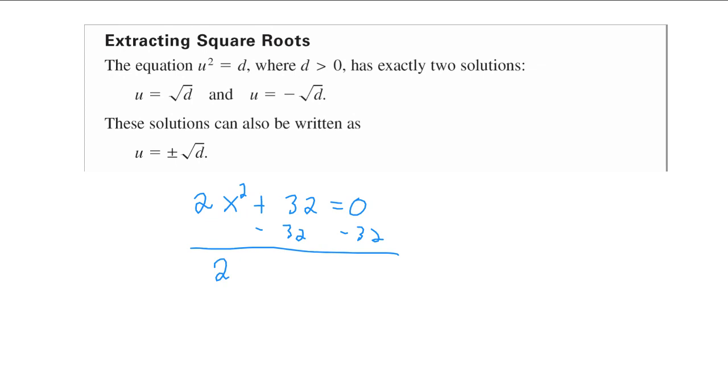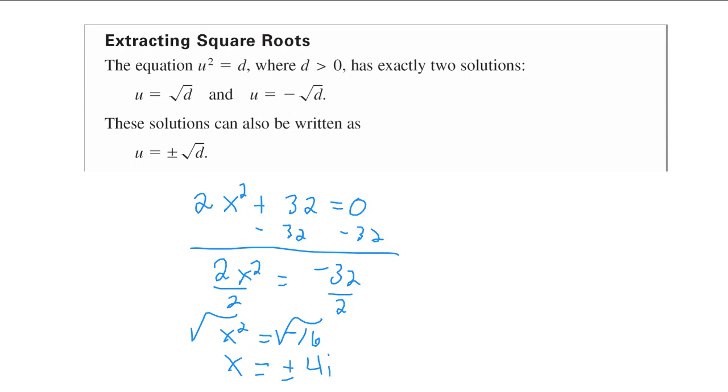That leaves me with 2x squared is equal to negative 32. Then I'm going to divide through by 2 because I want to get x squared all by itself. So I end up with x squared is equal to negative 16. Now I have x squared by itself, so now I can take the square root of both sides. And if I take the square root of both sides, I end up with x equals plus or minus 4i. That is exactly correct. So a little bit of last week is coming back in our solutions this week.